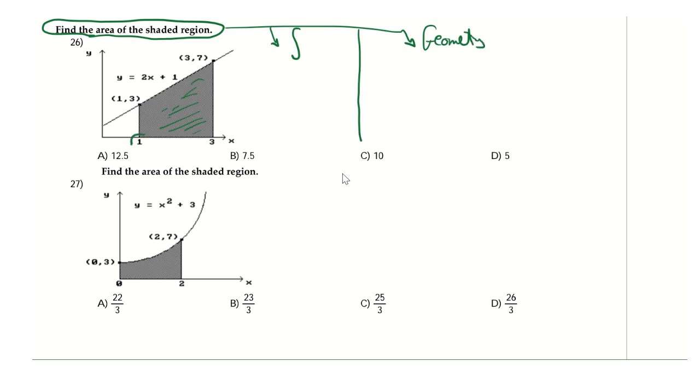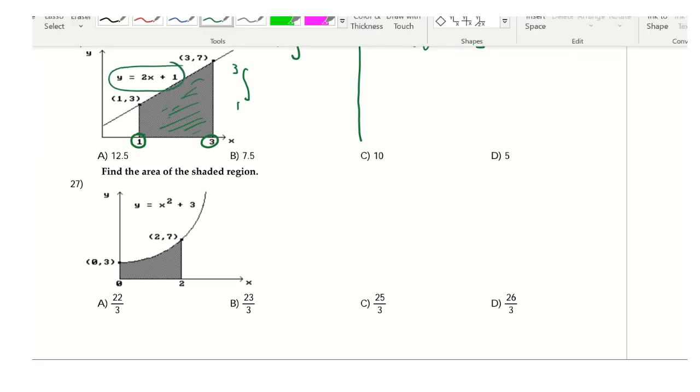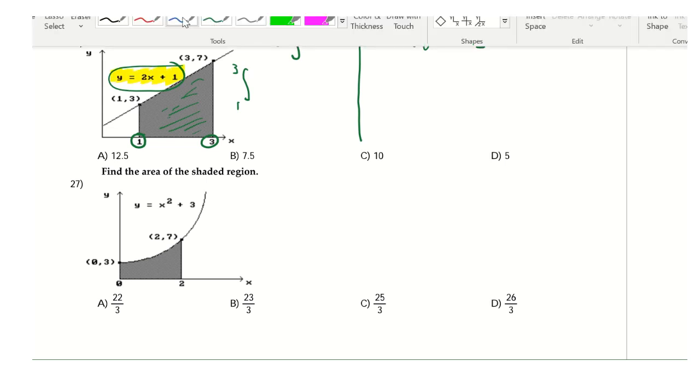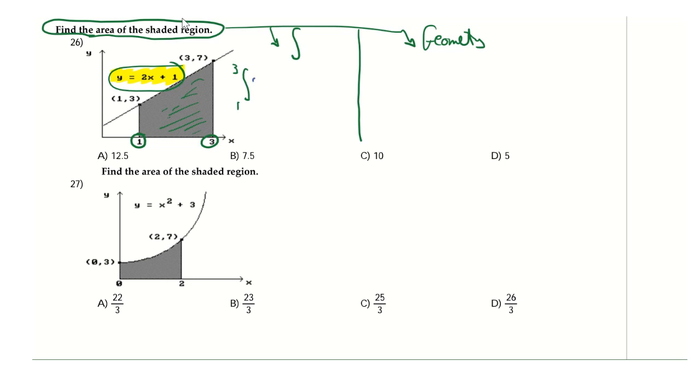The boundaries of x is from 1 to 3. So I can write that it's the integral from 1 to 3. What is the function? The function here is y equal to 2x plus 1. So it's the integral from 1 to 3 for the function 2x plus 1.